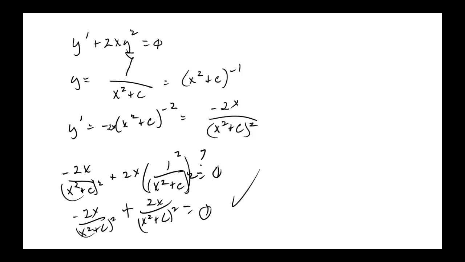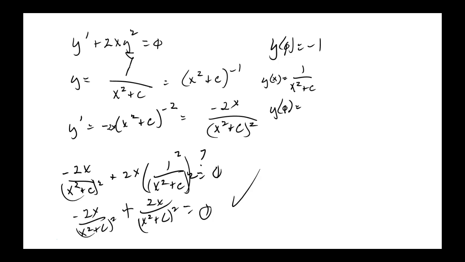That's what we'll be asked to do in exercise 2.2, which is a chapter away. Okay. If we impose the initial condition that y of 0 is equal to minus 1, let's see what it's asked us to do. So what you do then is take this y of x, equal to 1 over x squared plus c, and plug in a 0 for x, so y of 0 would be 1 over c.